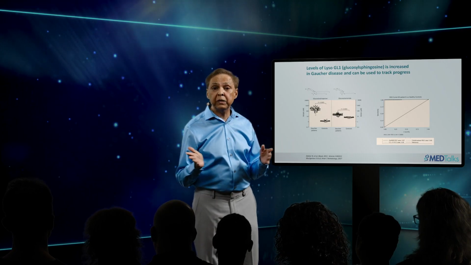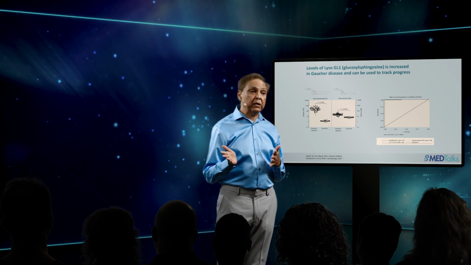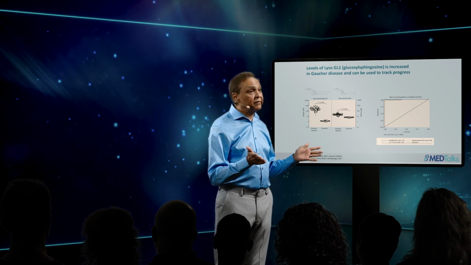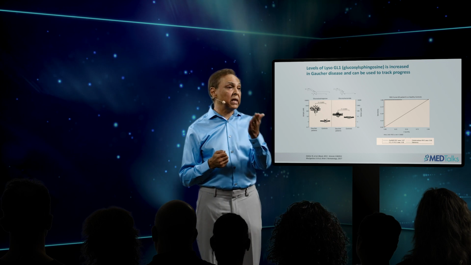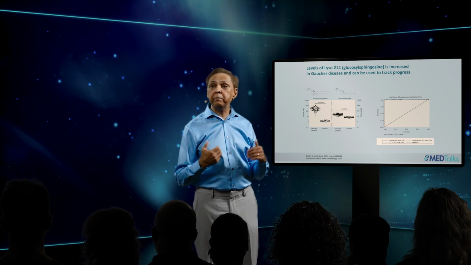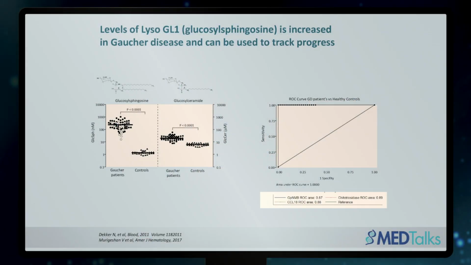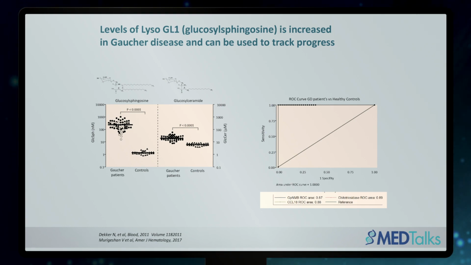So Lyso-Gyl1 has now become a biomarker that we can track in the clinic. Those of you who are not receiving treatment, we can monitor its level, and if it is going up, then this is something that we would consider in context of all other investigations to start treatment or continue to monitor you.